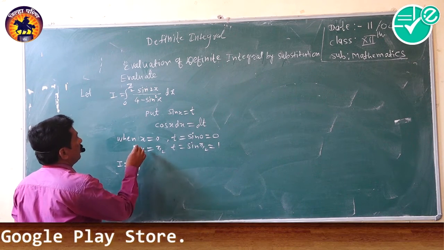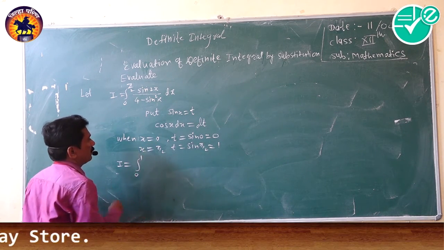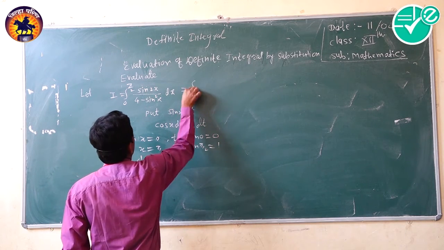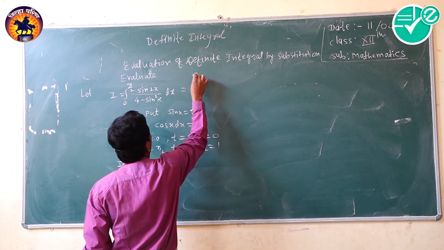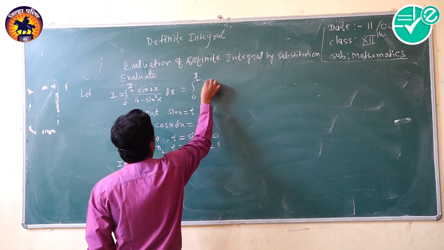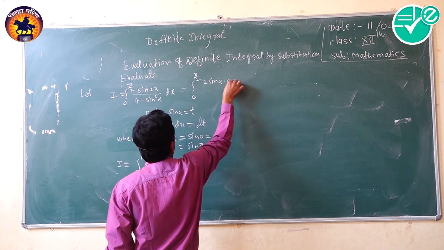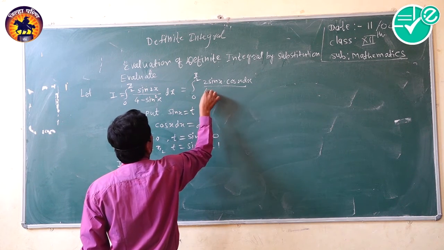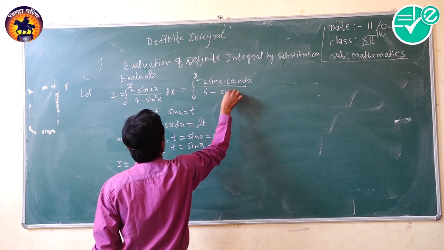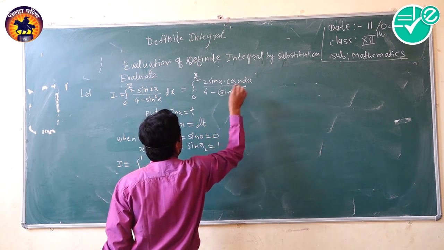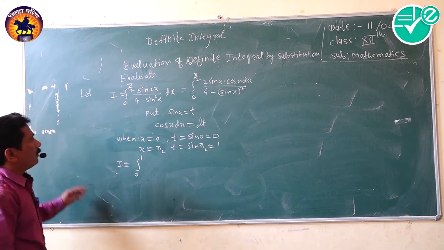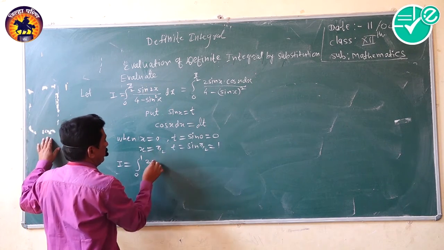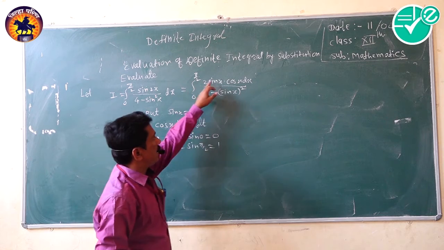Now this sin 2x can be written as integration 0 to pi by 2 of 2 sin x into cos x dx upon this 4 minus sin x square. Therefore, this is nothing but 2t, this 2 sin x.